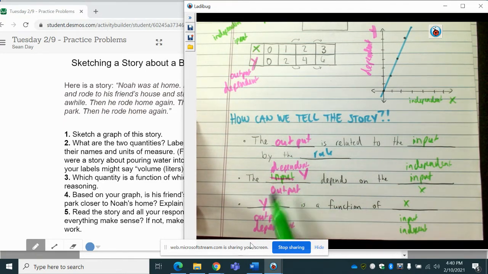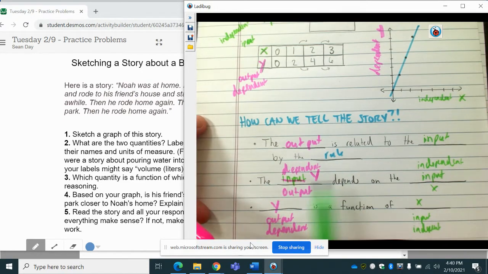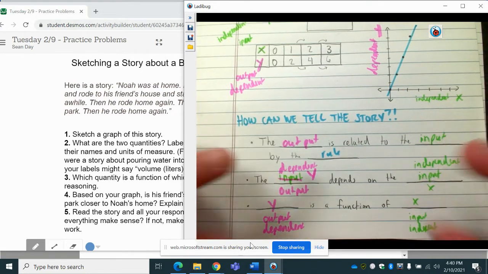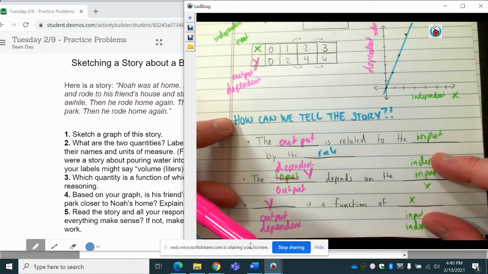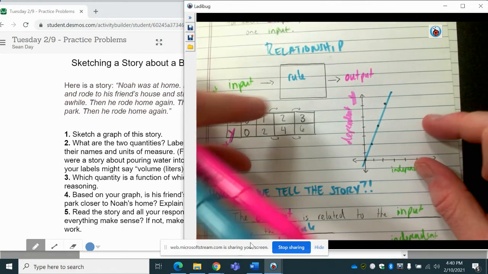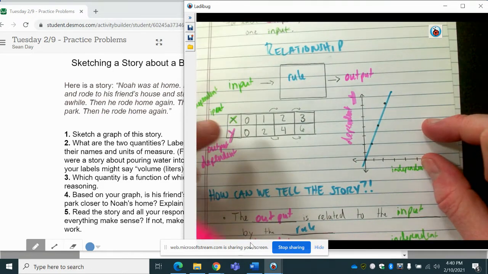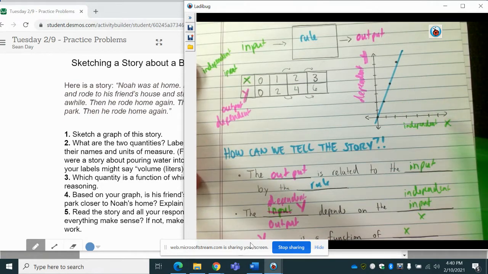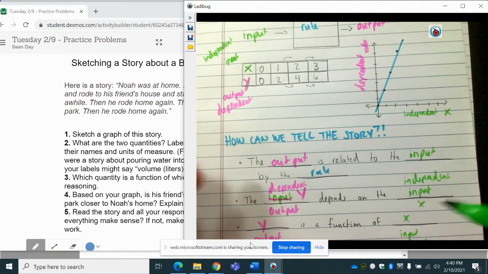The dependent variable, the Y, depends on the X, the independent input. Our Y is a function of X. This is a story of a relationship between two variables. So we represent that with input tables with ordered pairs and graphs, but we can also describe what's happening by specifically spelling out the relationship.